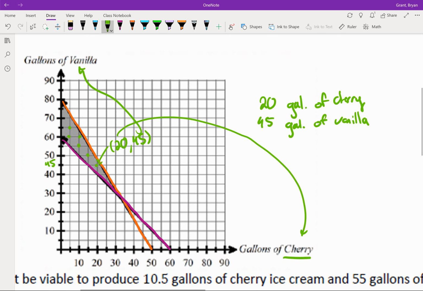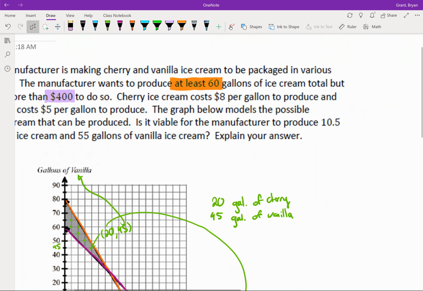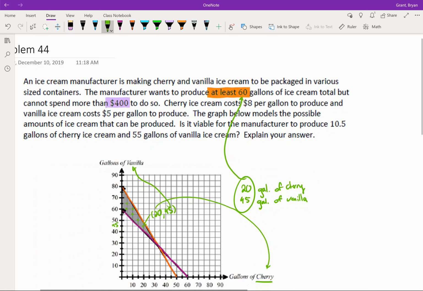And that, because it's in the shaded region, tells us two pieces of information. First, this total is going to be at least 60. Would you agree that 20 plus 45, that's 65? Is that at least, if not bigger than 60? Well, sure, 65 is bigger than 60. And I know that it is not going to cost more than $400 to make that.